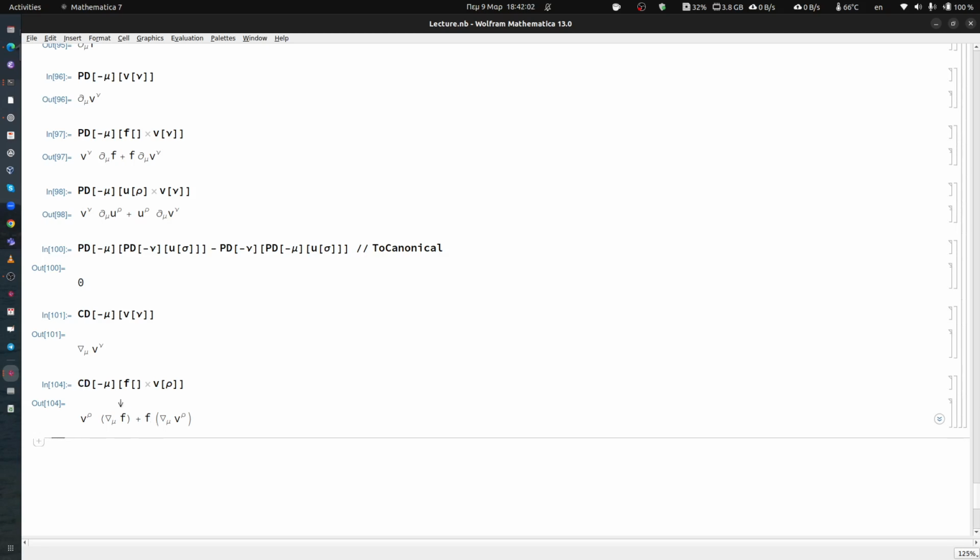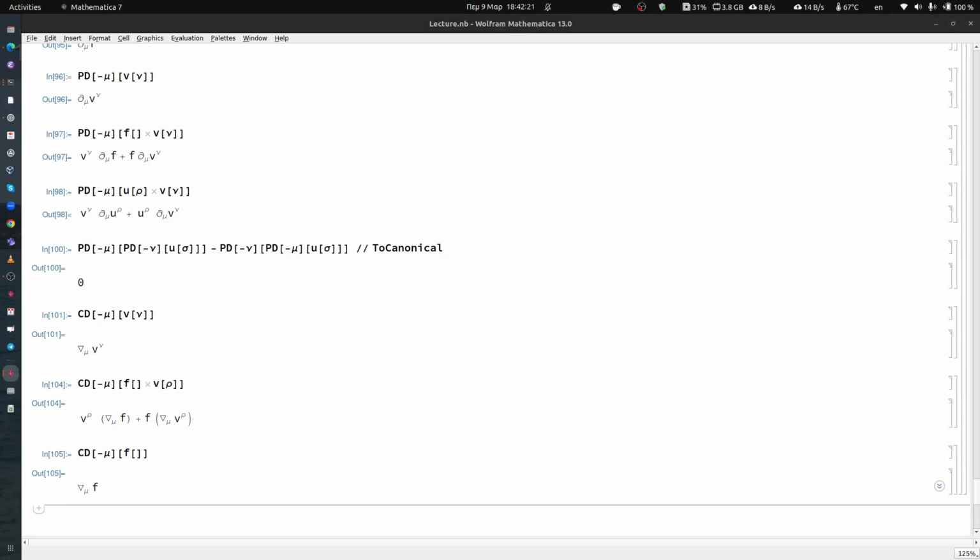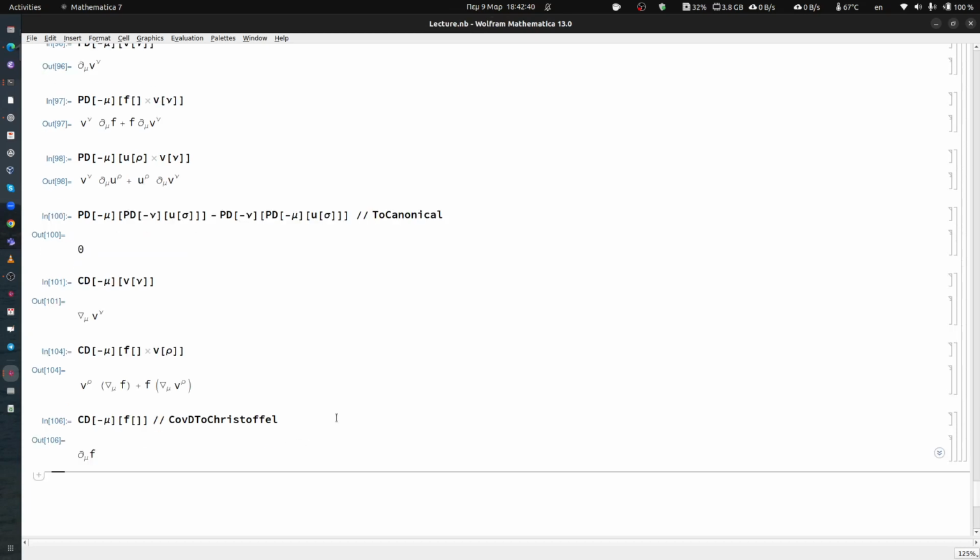Now, you have noticed that the action of the covariant derivative on the function does not change in the output form. The symbol nabla is used. If you want to convert this to the partial derivative, as you know that any covariant derivative, when we compare it to the partial derivative connection, then the action of any covariant derivative on a function is the same as the partial derivative connection.